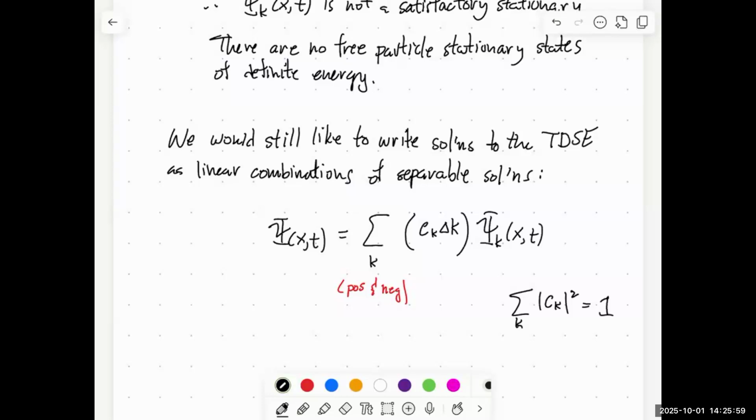But as I widen the well, I decrease the spacing between allowed states. I get more and more of these, but I'm just going to scale each of these terms by this decreasing delta k, and that's going to preserve this sum. And eventually, we're going to go to the limit where A is infinite. This becomes infinitesimal, and so we have this continuous sum where we preserve this normalization requirement.